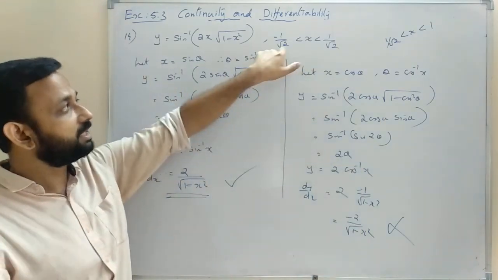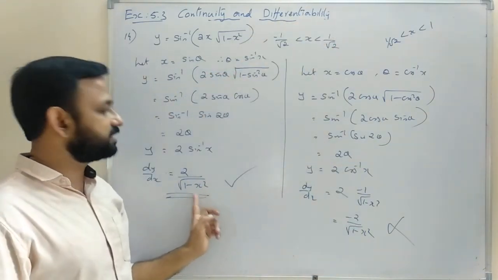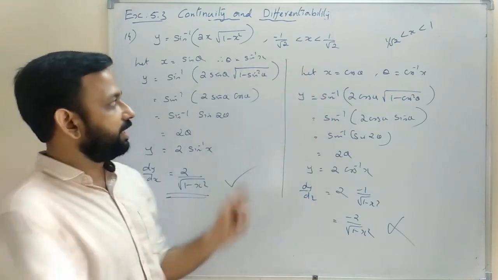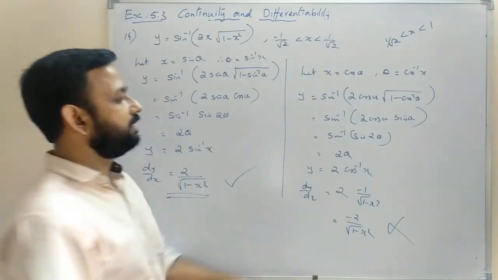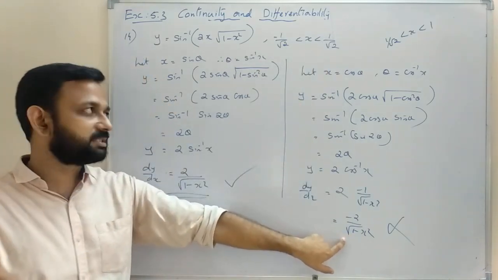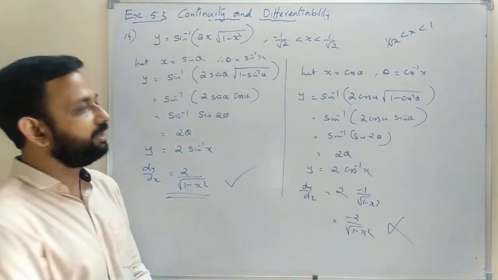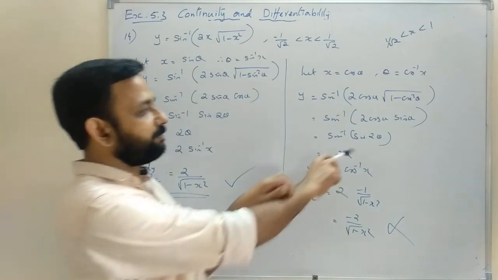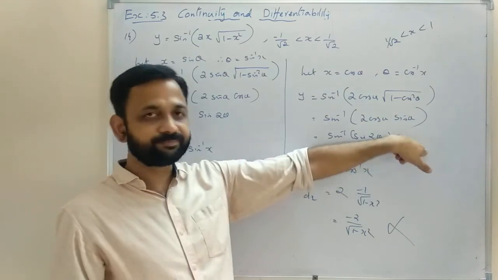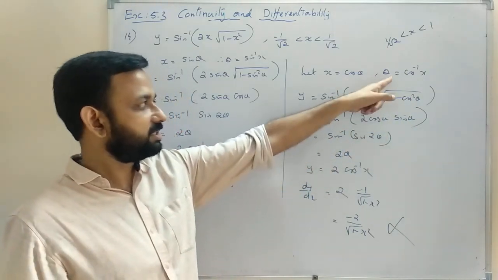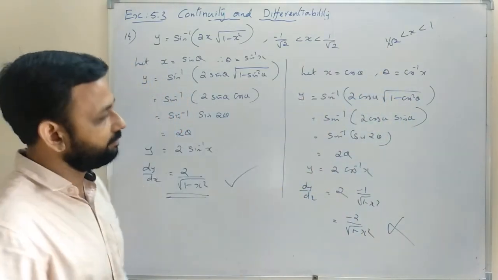But here, this is the interval, so this is the answer. If you do the substitution here with this interval, you will get this answer, and that answer is wrong because we will not get the principal value branch. The principal value branch of cos theta is 0 to pi, so we will not get that branch. That's why.